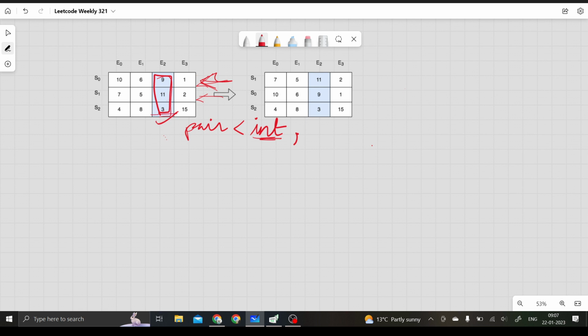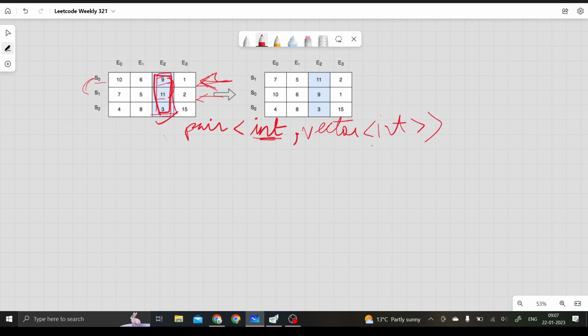We cannot shuffle only the values, because then the data will be different. As we saw, S1 has scored 11, and if we swap 11 and 9, 11 will be here, but that is incorrect data, because S0 has scored 9. So we are swapping the rows. The pair will be an integer and a vector of int.